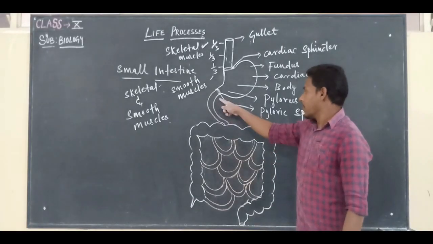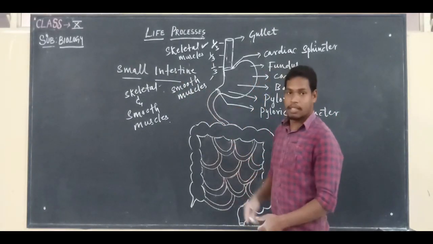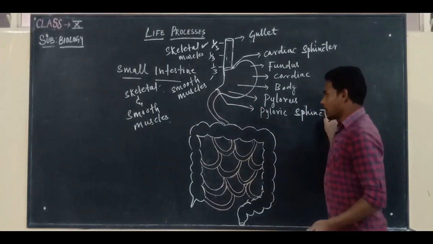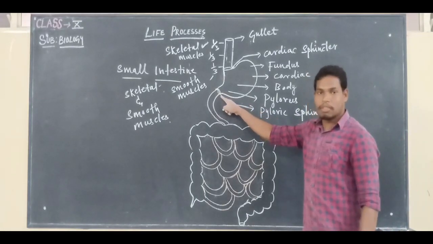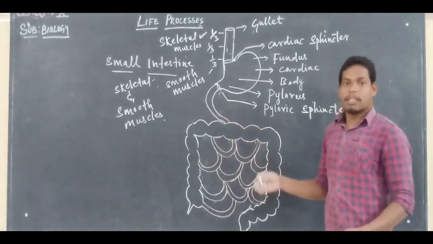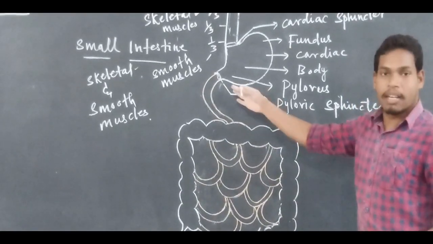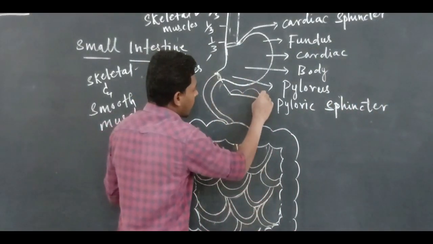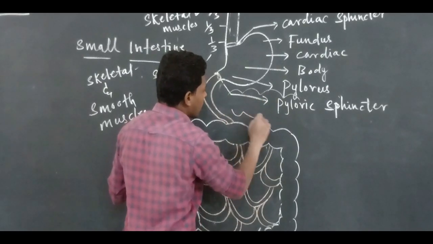Next is the small intestine. It is a continuation from the pyloric sphincter of the stomach, and it curves around the pancreas. See here, we will have the pancreas.